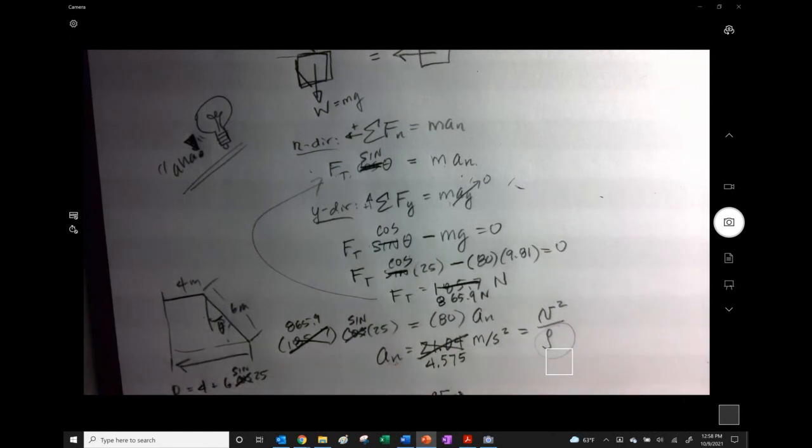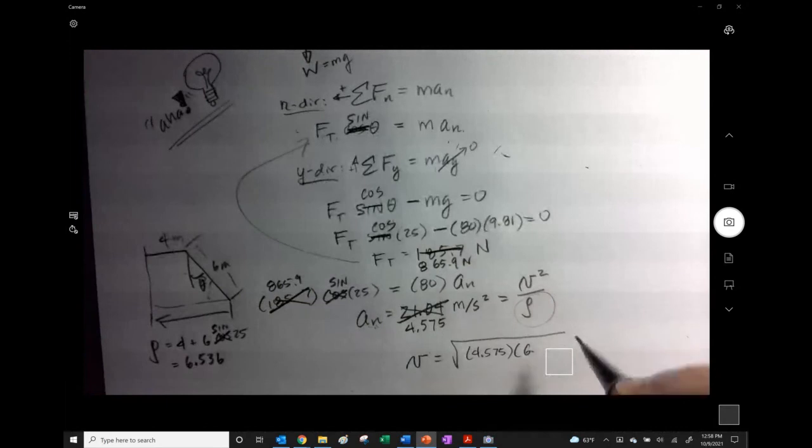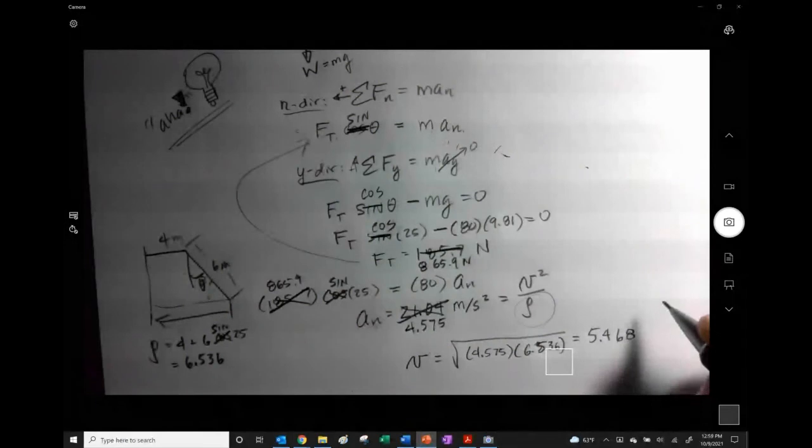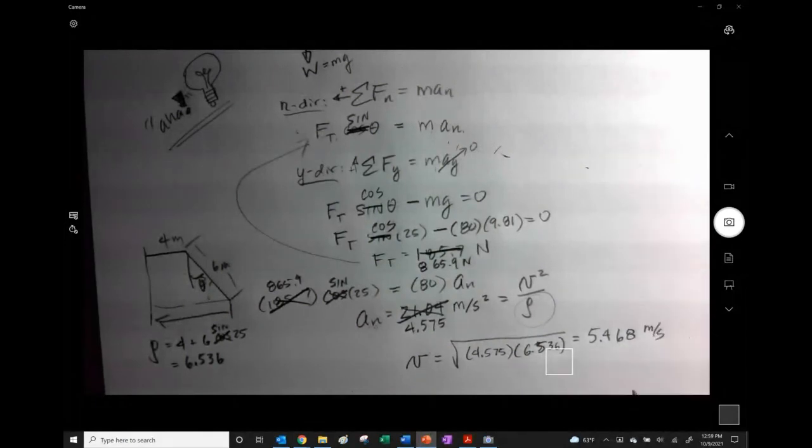So now we can find, by taking the square root of this, 4.575 times 6.3536, and I end up getting 5.468 meters per second, and that's the answer that we were given.